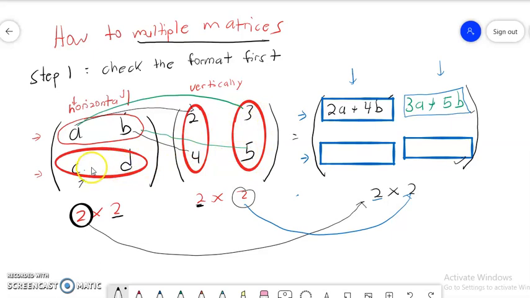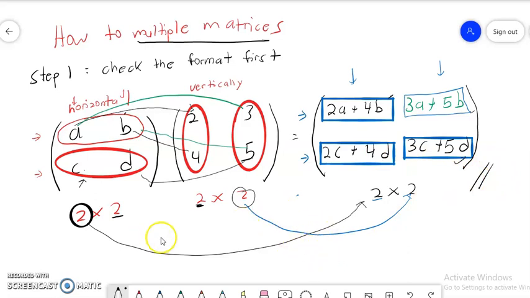When we multiply 3 and C, we get 3C, then we multiply 5D, we have 5D. Now the other box, we multiply C, D and 2, 4. So 2C and 4D. This is your answer.